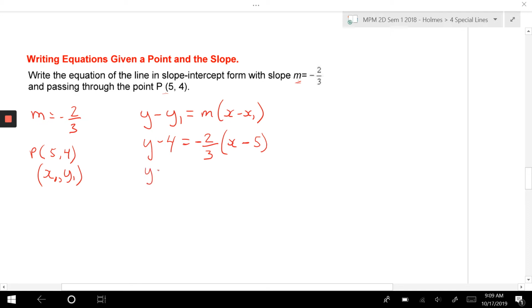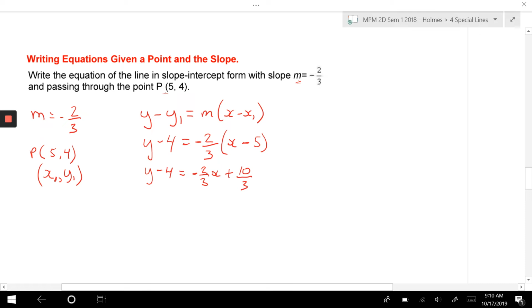So now I simplify my equation, leaving me with y minus 4 is equal to my minus 2/3 distributed across the bracket, giving me minus 2/3 x. And then I distribute minus 2/3 times minus 5. Negative 2 times negative 5 is plus 10 divided by 3.